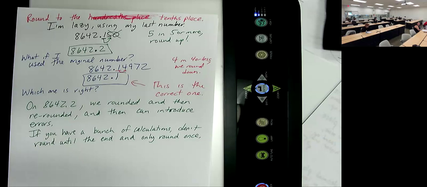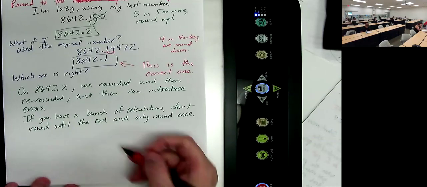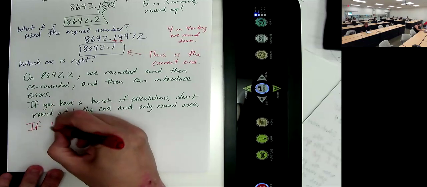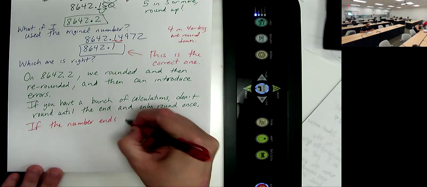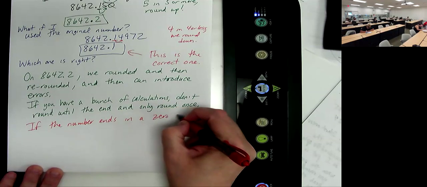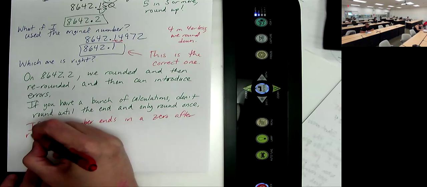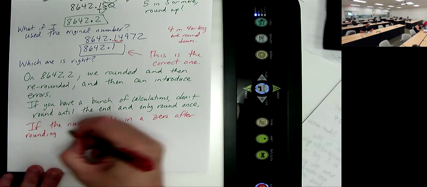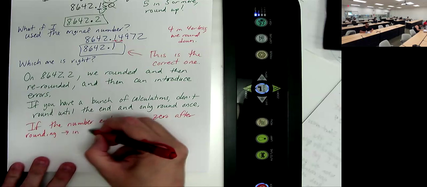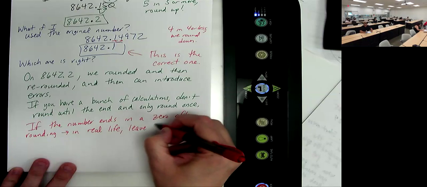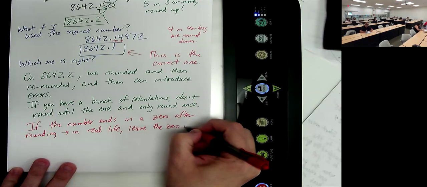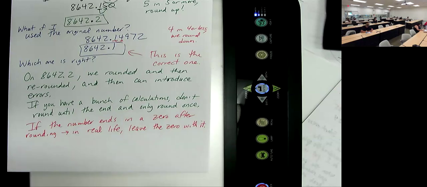So if the number ends in a 0 after rounding, in real life, leave the 0 with it. This is your question, I'm just writing out an answer.